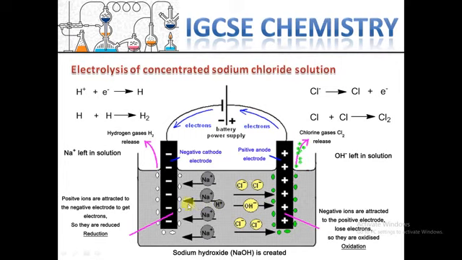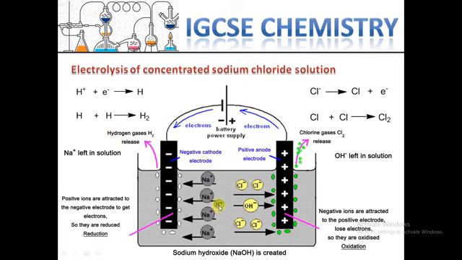So when hydrogen reaches the cathode, the negative electrode, it gets an electron and converts to a hydrogen atom. Then each two hydrogen atoms can react and make hydrogen gas. Hydrogen gas can be released from here.